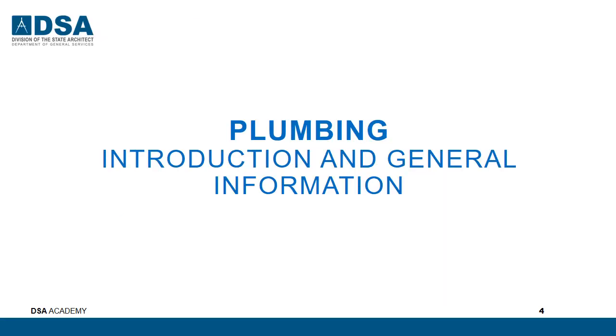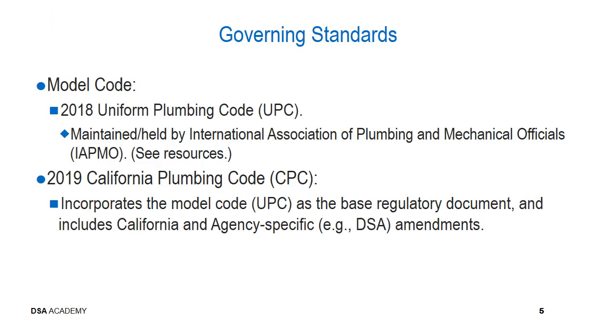In this first section, we'll be discussing the introduction and general information as it applies to the California Plumbing Code and plumbing in general. I'd like to briefly touch on the governing standards, which serve as the basis for the California Plumbing Code. The model code for the California Plumbing Code is specifically the 2018 Uniform Plumbing Code, also abbreviated UPC.